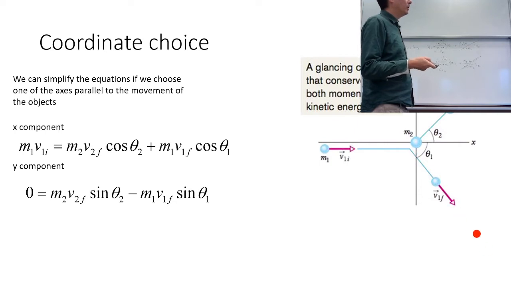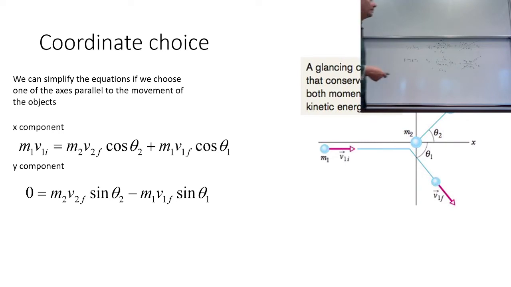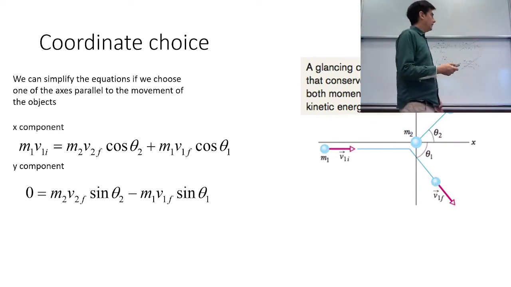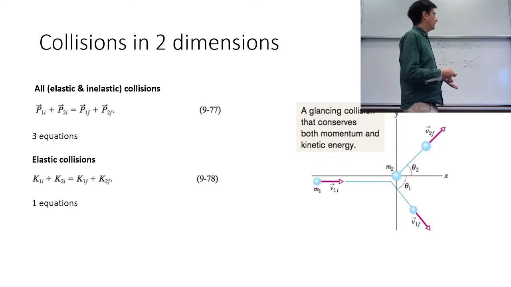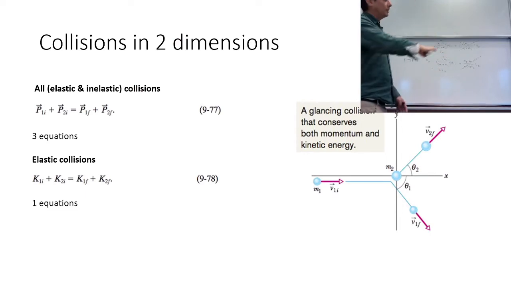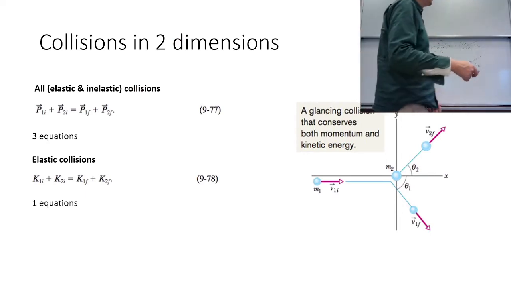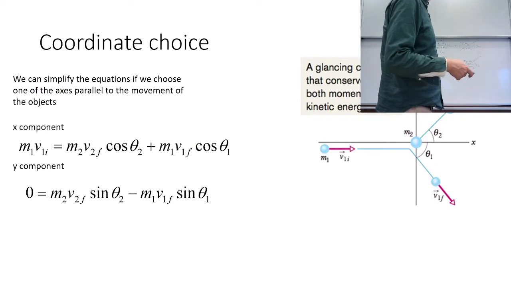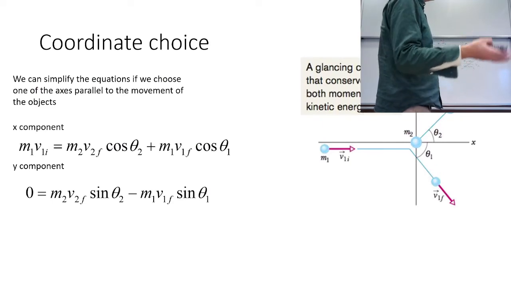It hits it, the white ball goes here, the other ball goes this way. Now, I said that momentum is conserved, and we have 3 equations, or in this case 2 equations really, because it's a 2-dimensional example.